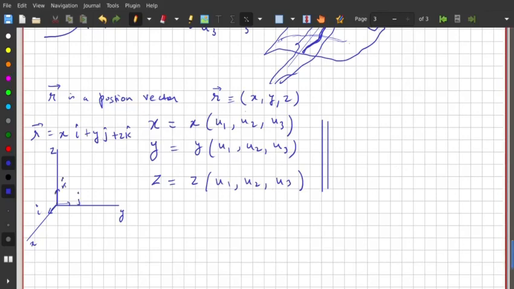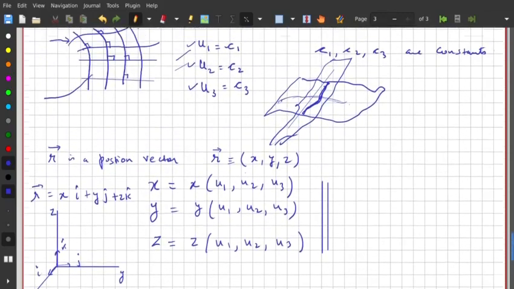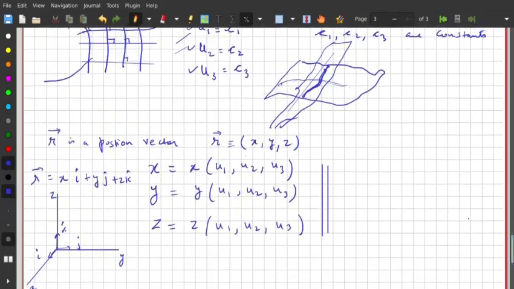Okay, so let's see how we will do it here. What we want to do is try to represent any generic arbitrary vector R in this curvilinear coordinate system. That's our task at hand.